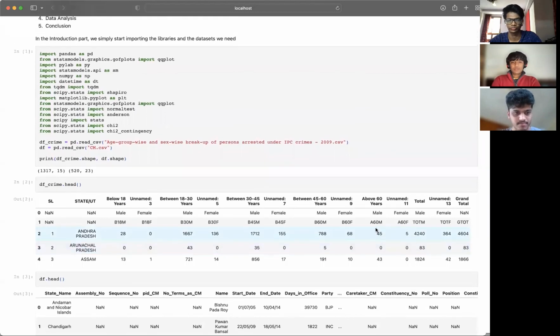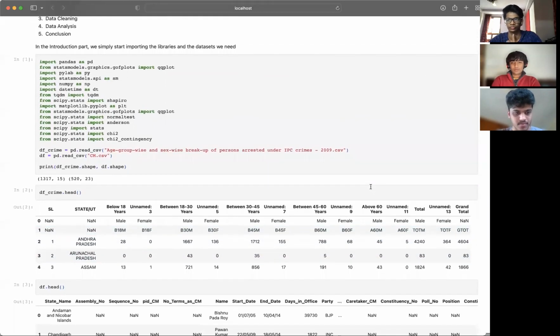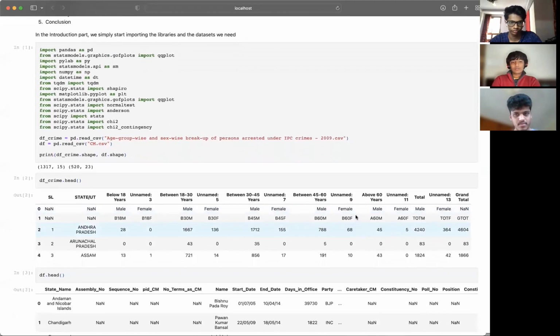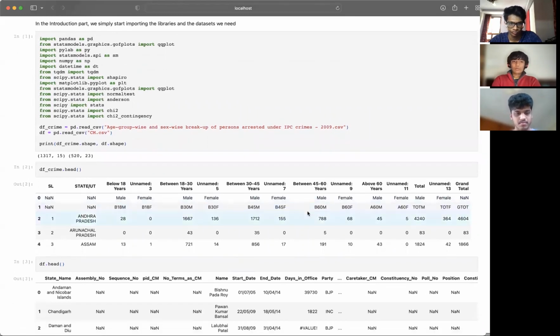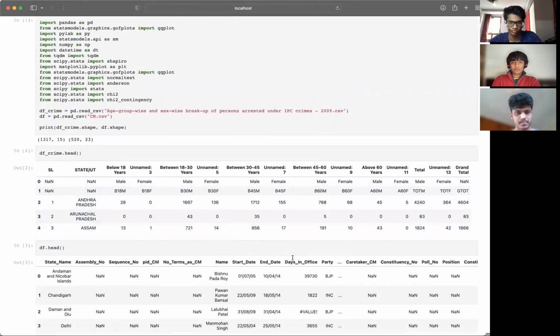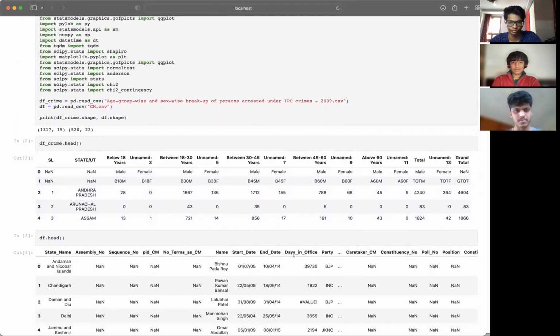Initially, all the data sets required for finding out the factors were taken from the National Crime Records Bureau of India. Mainly, we took the time period between 2009, 2010, and 2011.